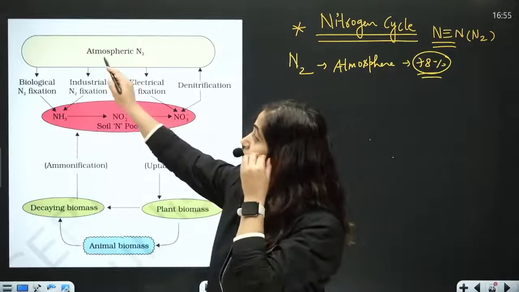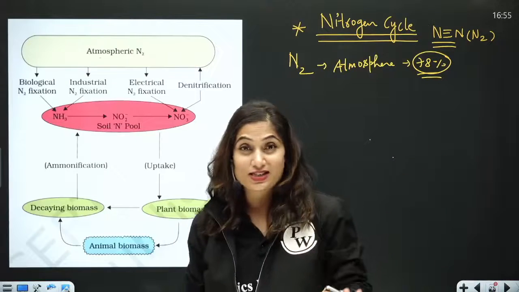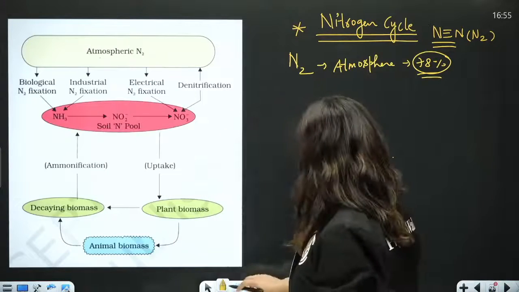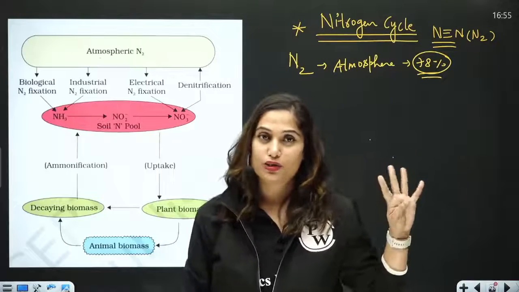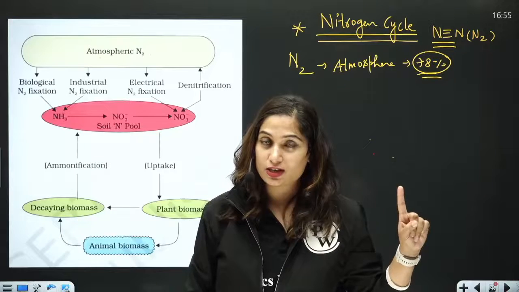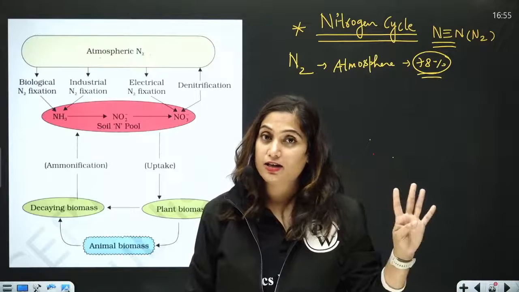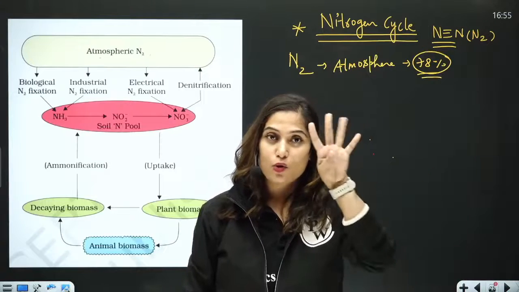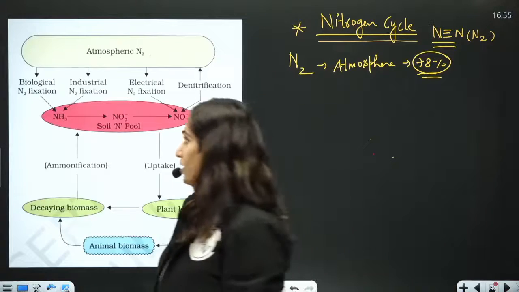So this atmospheric nitrogen is first fixed. There are four important words used in the nitrogen cycle: nitrogen fixation, nitrification, ammonification, and denitrification. These four words together make the nitrogen cycle, and let's understand them one by one.